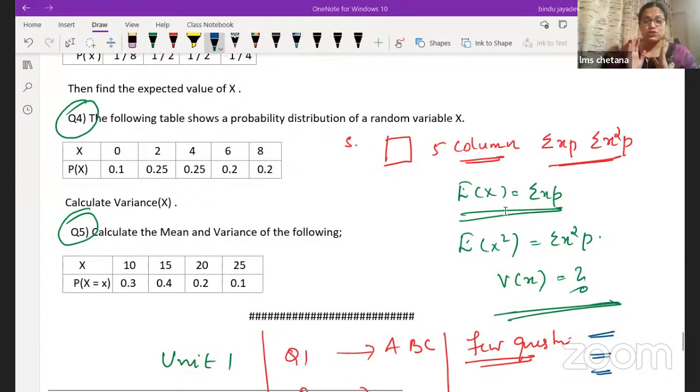Please, one advice: don't learn maths by just reading and memorizing. Expectation of x, this is a formula, E of x is equal to sigma x into P, V of x is equal to sigma. Don't do that. Take a piece of paper and write E of x equal to sigma x into P. Reading and memorizing is not allowed in maths.